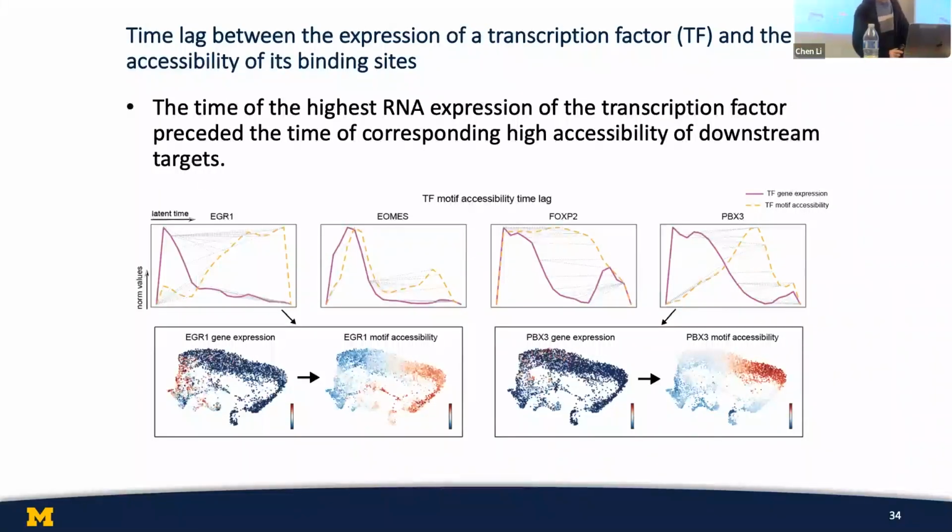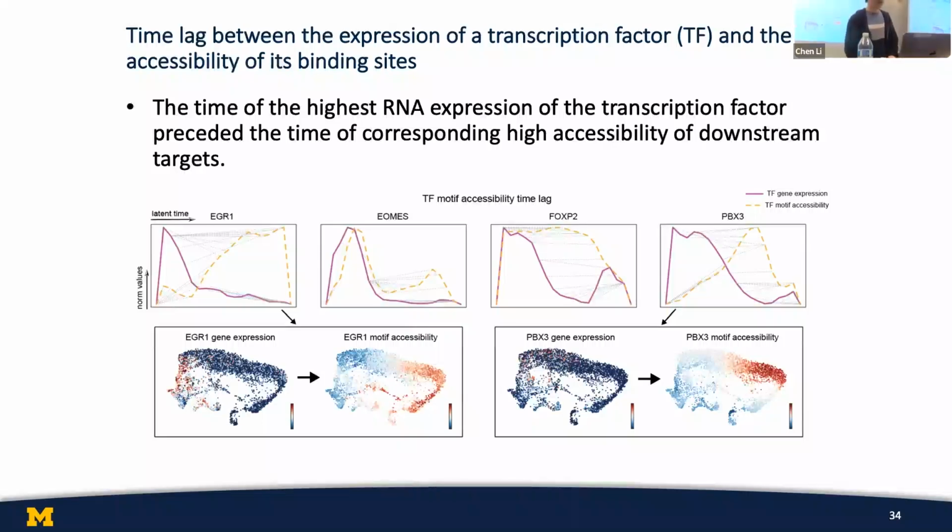If we assume that the latent time is the true time, we can use it to find the time lag between the RNA expression of a transcription factor and its downstream binding site accessibilities.